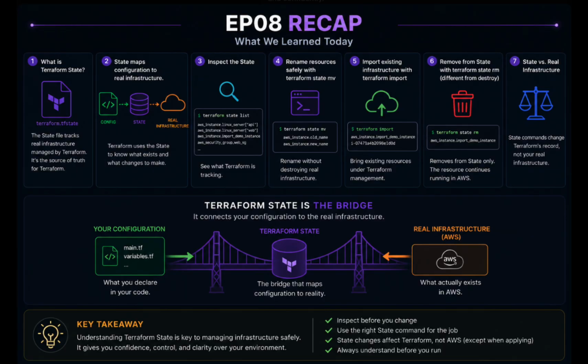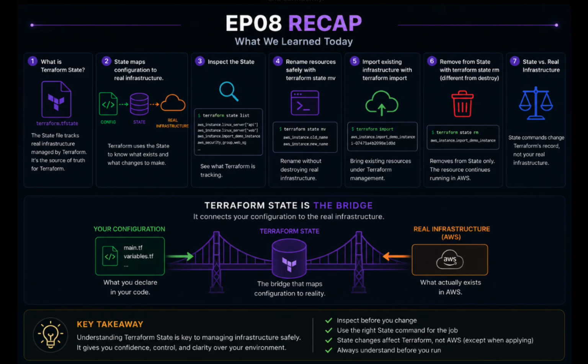Let's quickly recap what we learned today. We started by understanding what the Terraform State file is and why it's one of the most important pieces of every Terraform project. We saw how Terraform uses the state to map our configuration to real infrastructure.